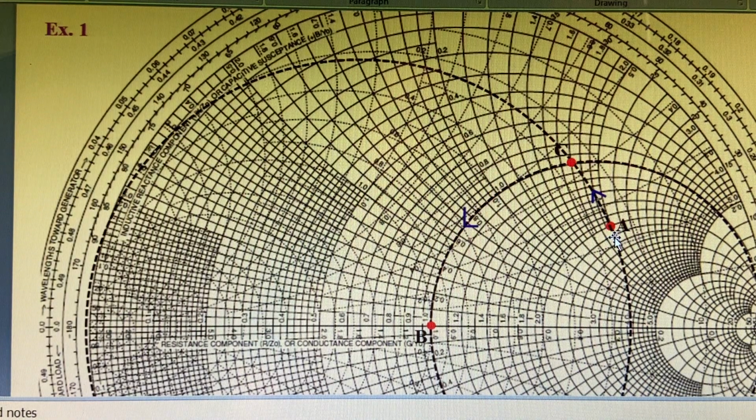To obtain impedance matching, first we have to move from load point A to either the G equal to 1 circle or the R equal to 1 circle.